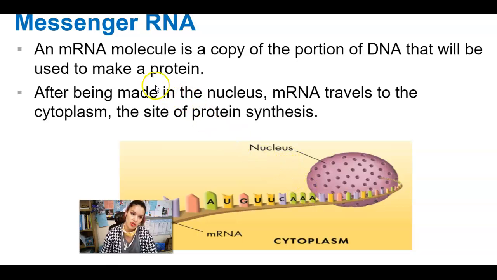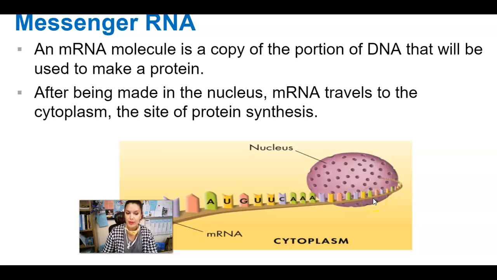So here is messenger RNA. An mRNA molecule is a copy of the portion of DNA that will be used to make a protein. So here's our trusty old nucleus. After being made in the nucleus, the mRNA will travel into the cytoplasm where protein synthesis happens.